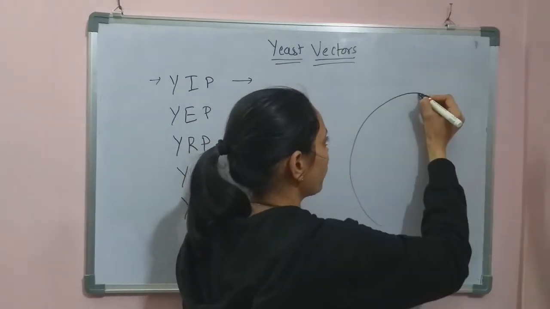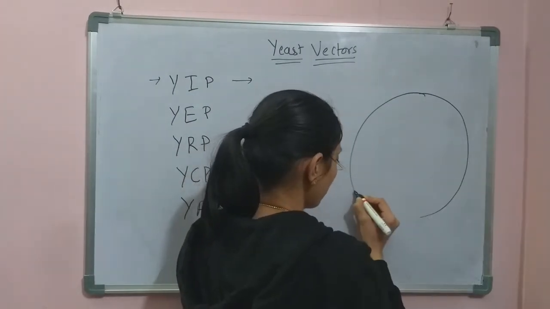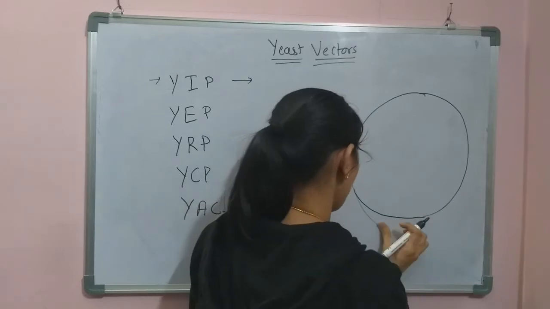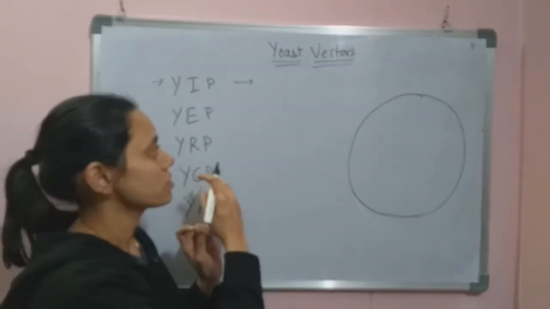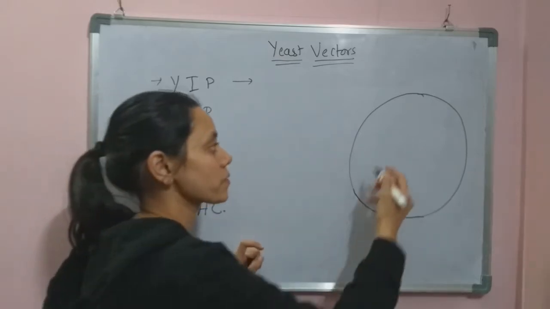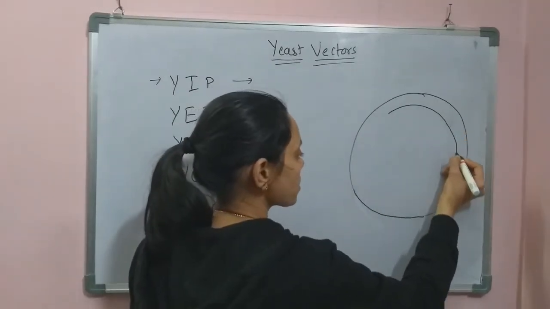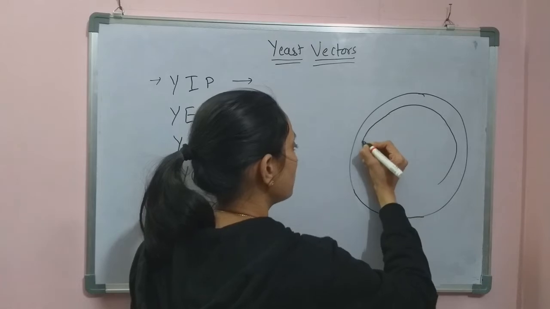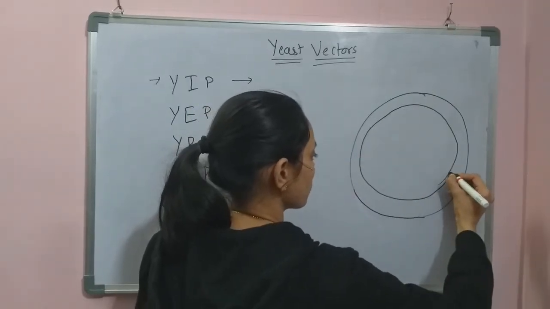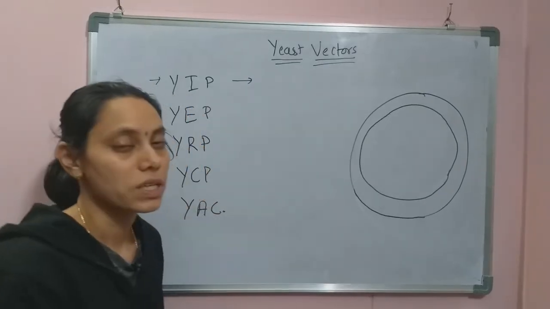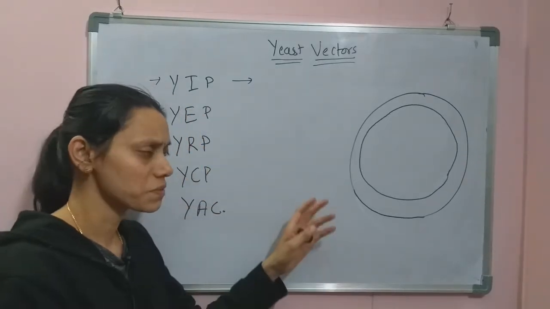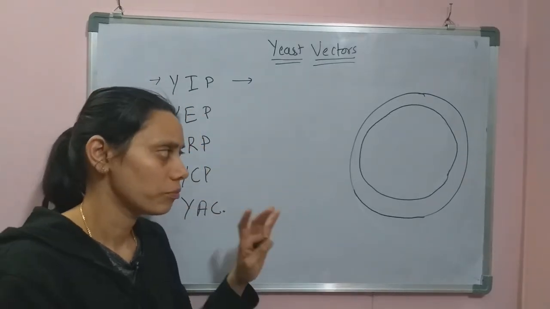I'll draw a rough diagram over here showing the important regions inside one such plasmid. Let us consider it as a yeast integrative plasmid. This is the first basic type of yeast-based vector.